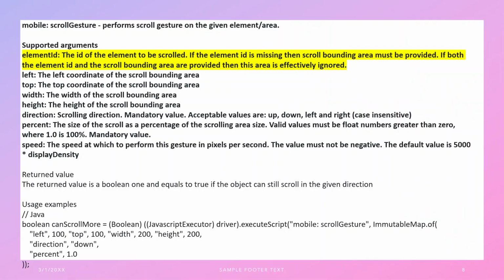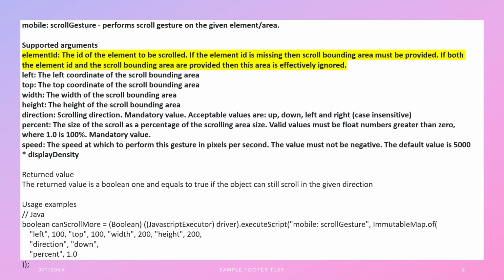If we miss this scrolling element ID, we need to provide the scroll bounding area. What is the scroll bounding area? It is a combination of 4 arguments: left, top, width, height. By providing these values, we can define the scroll bounding area.